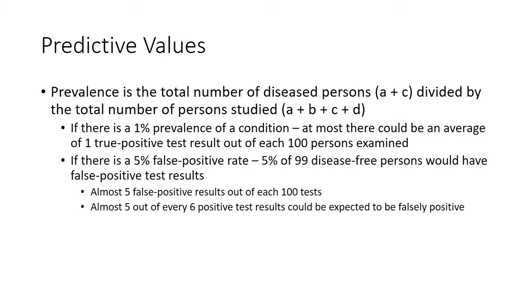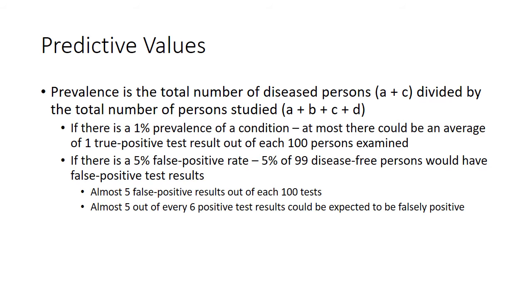So imagine, for instance, that you have a disease that has a 1% prevalence in the general population. If you had a perfect test, you'd have one true positive test result out of every 100 people examined, based on the prevalence reported there. Now, imagine we were doing the test just like the calcium. We saw there's a 5% false positive rate, which means that there are 5 individuals who had no disease but are being incorrectly categorized as having a positive test result.